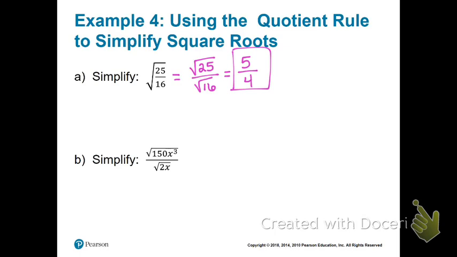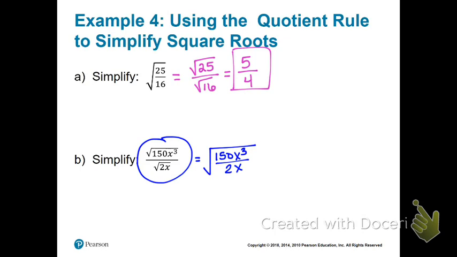Now on B, we could work out the numerator. We couldn't do anything to the denominator, and then we'd have to try to put it together. But remember, just like with the multiplication, when I have square root of two things separate, I'm going to go ahead and put them together. So this is going to be the square root of the top over the bottom.